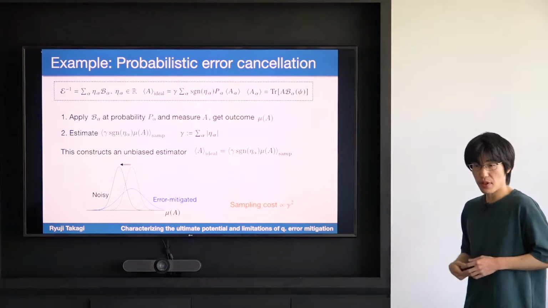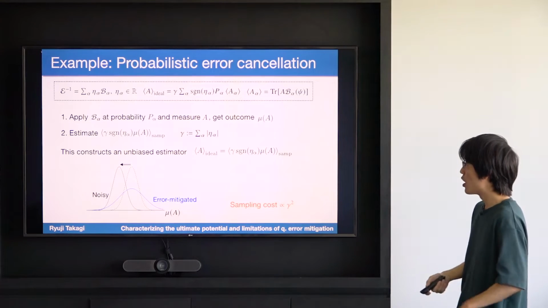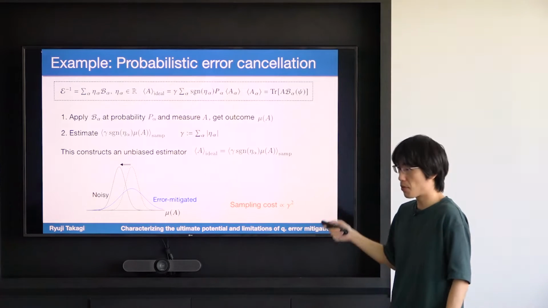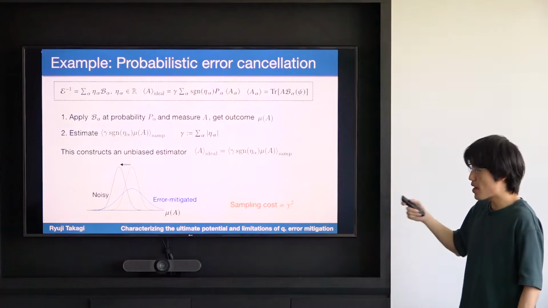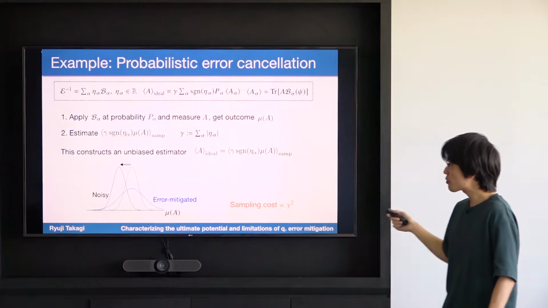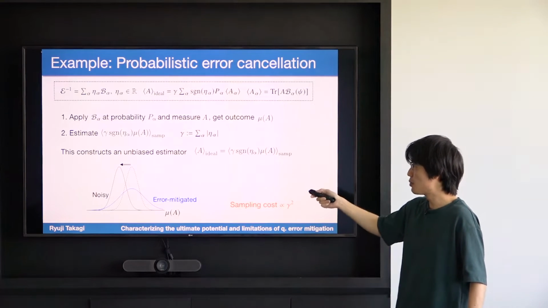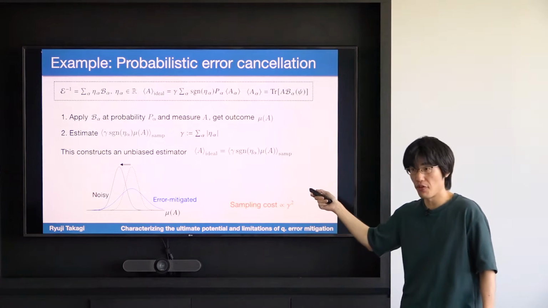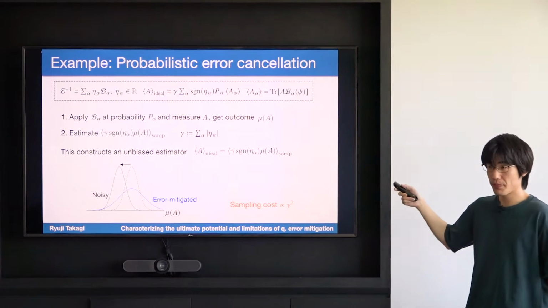Then we will bring up now the technique known as the quasi-probability sampling technique, where we apply some basis operation B alpha at probability P alpha. Again, P alpha was a probability distribution. And measure A, the observable, and get some outcome. And I will take this random variable, the measurement outcome, multiplied by this gamma factor, which is the absolute sum of the coefficients, and the sign of this coefficient eta.